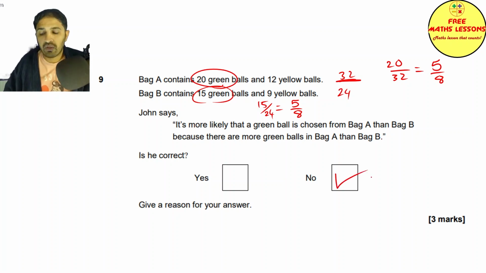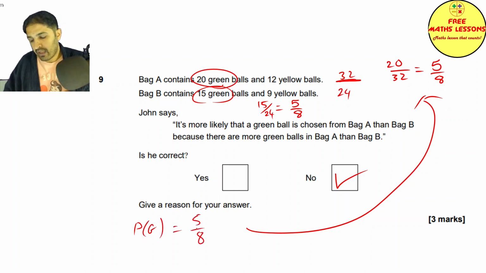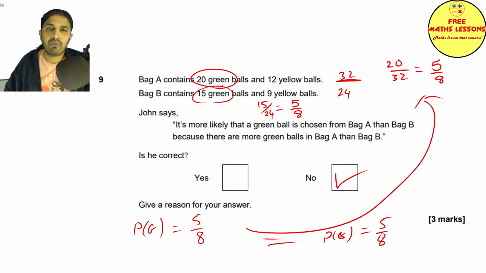So we're saying it's no. And I've already done the work now for the reasoning. Probability of picking a green from bag A is 5/8, and then again probability of picking a green from bag B is also 5/8, and 5/8 is equal to 5/8. So the probability of picking a green from both bags is exactly the same.